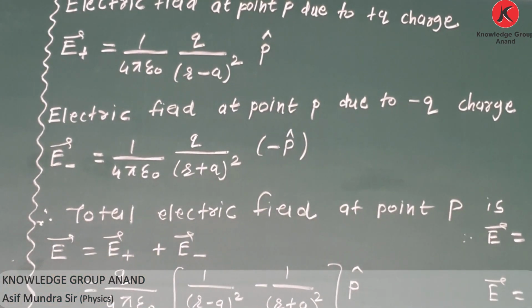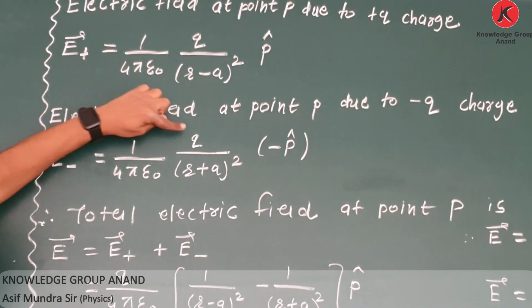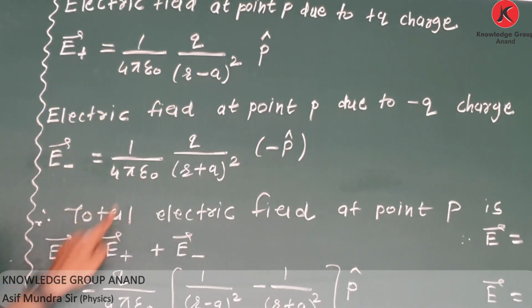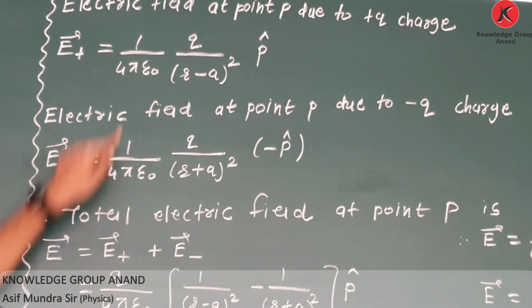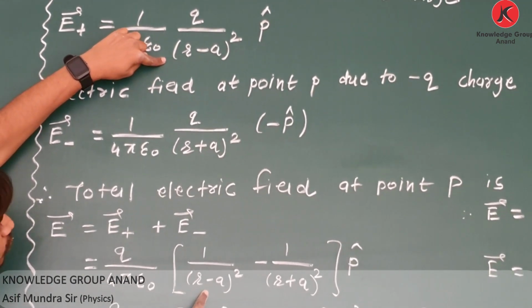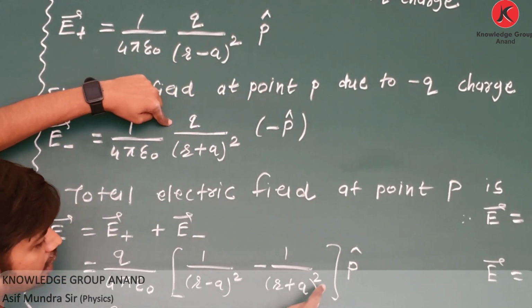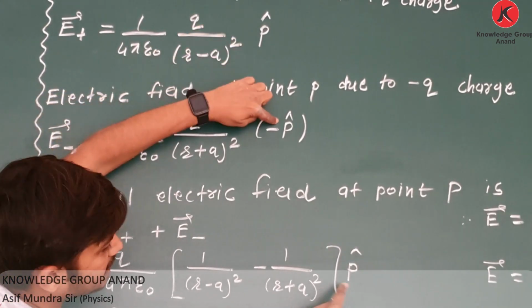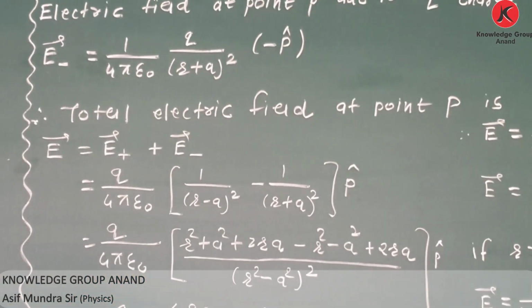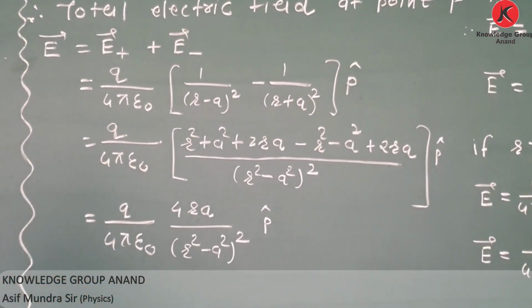Clear? See, q upon 4 pi epsilon 0 is common, and from this first step, 1 upon r minus a whole square minus 1 upon r plus a whole square, and p caret here. Clear? Okay, q upon 4 pi epsilon 0 as it is.